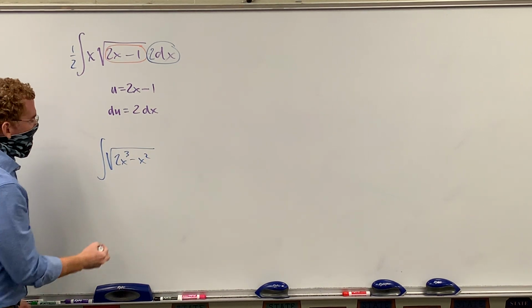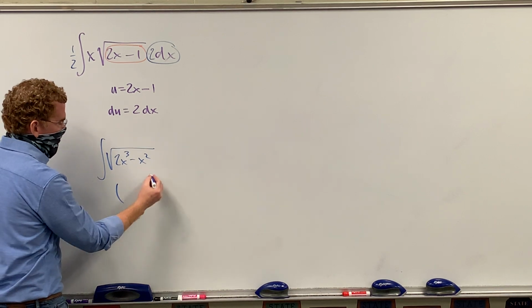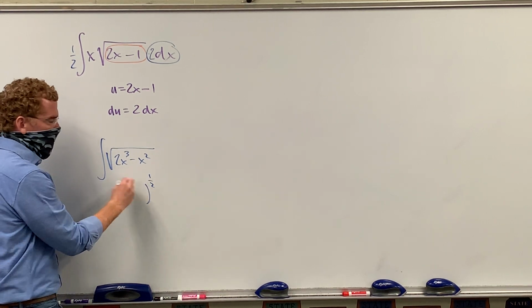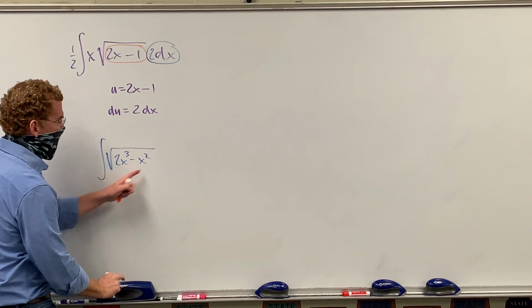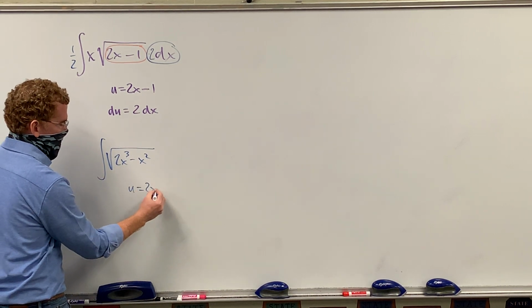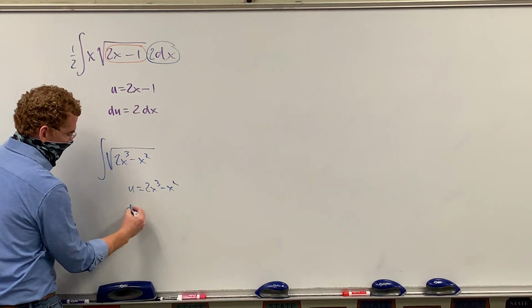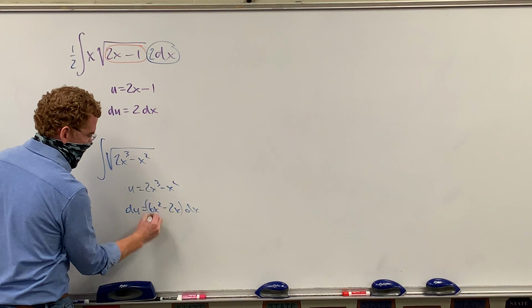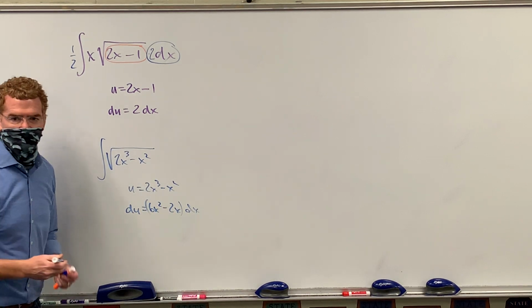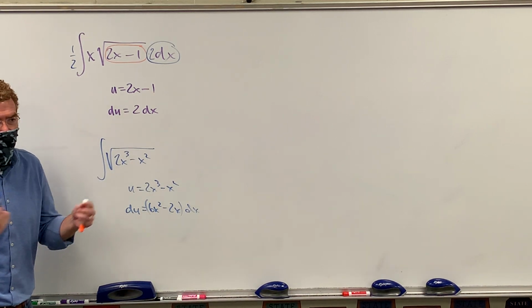And the problem is, I have all of that to the 1/2 power, but that's not a rule. I got this 2x cubed in there. And if I try to make that my u now, then my du ends up being 6x squared minus 2x dx. And I don't have that, do I? So it was a good try, didn't work, that's okay.